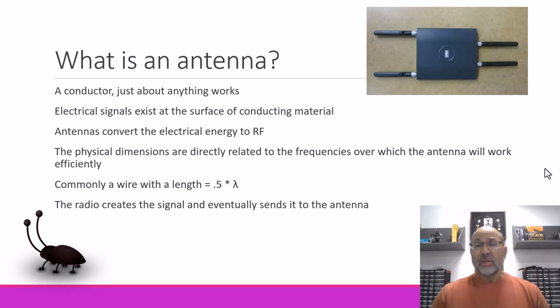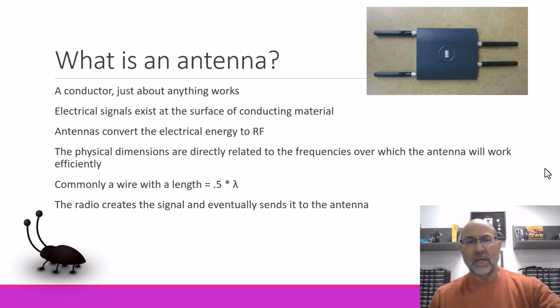Now, the physical dimensions of an antenna make a difference. So these antennas, I can hook up a bunch of antennas to these. Now, these aren't easily removed on this particular Linksys, but a lot of them you can remove, and it's just a typical RNC connector.